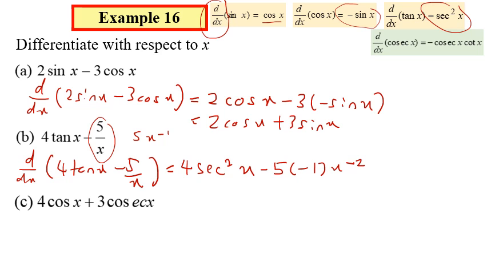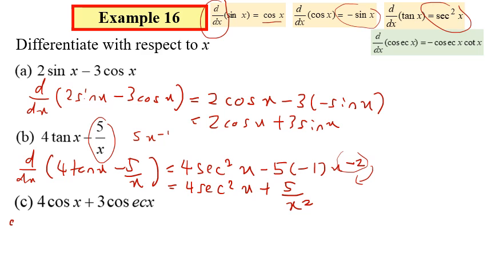Right? And then we can simplify, negative negative will get positive, and then we can bring x squared below. So the answer would be 4 secant squared x plus 5 over x squared.